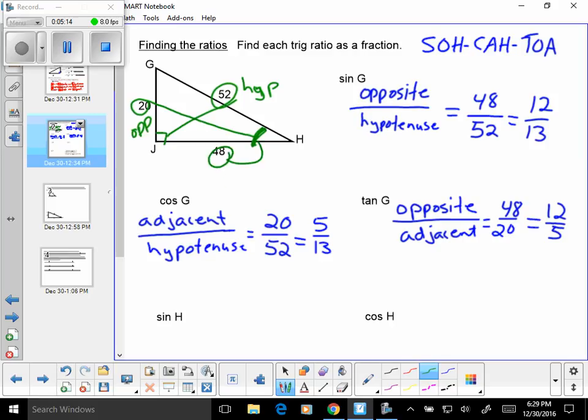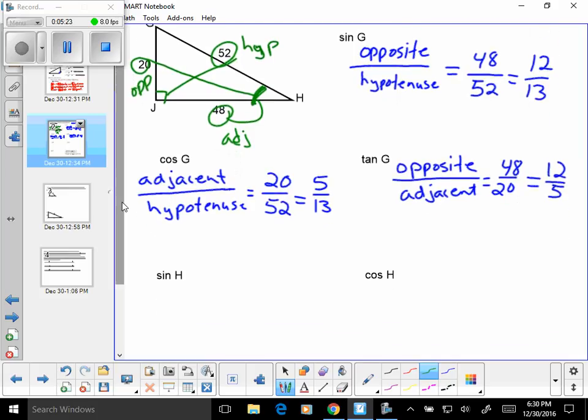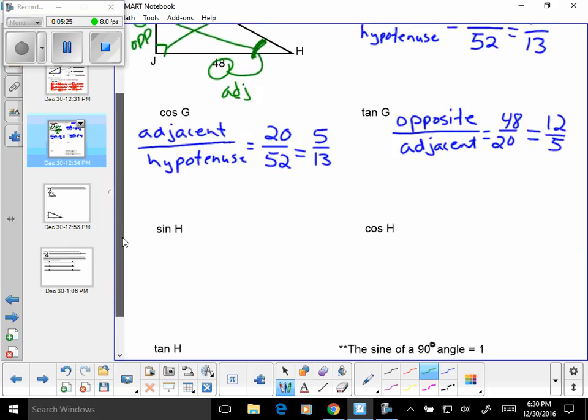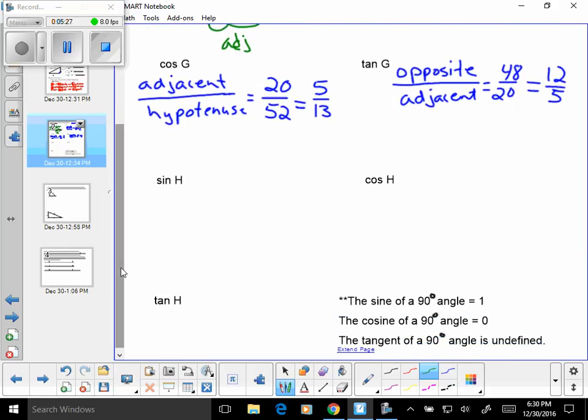The 48 becomes the adjacent. So we have to be careful. We always need to change our reference depending upon what angle we're working on. Now based on SOHCAHTOA, I'm going to take opposite over hypotenuse. And my opposite here is going to be 20 over 52, which reduces to 5 over 13.